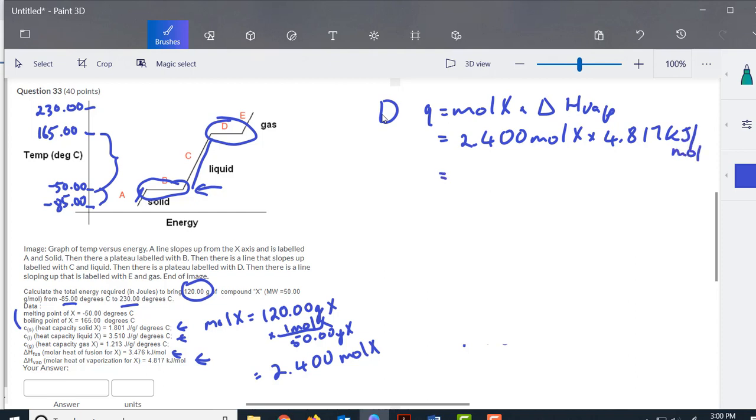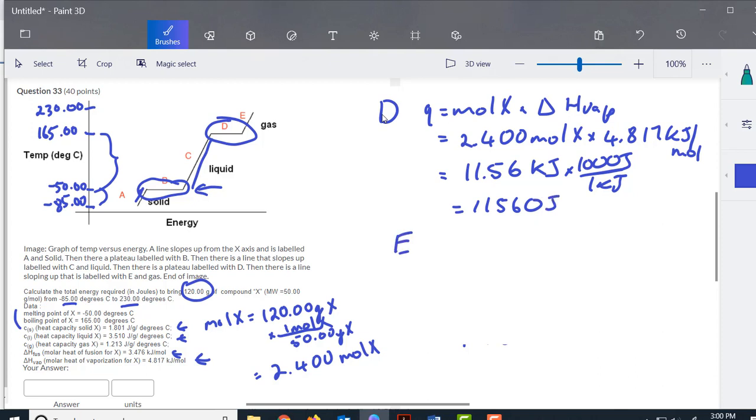This comes out to be 11.56 kilojoules. And we need to convert that into joules, so it's 1000 joules over 1 kilojoule, which is going to give us 11560 joules.